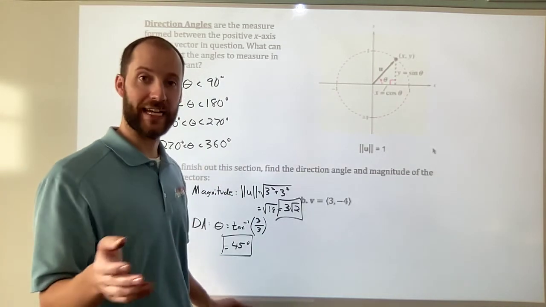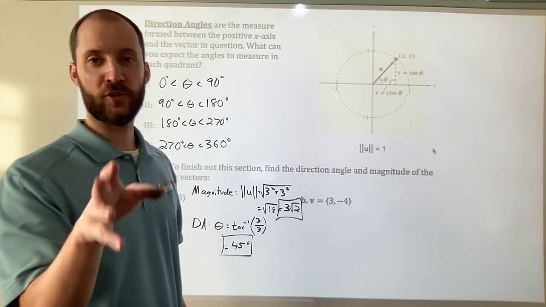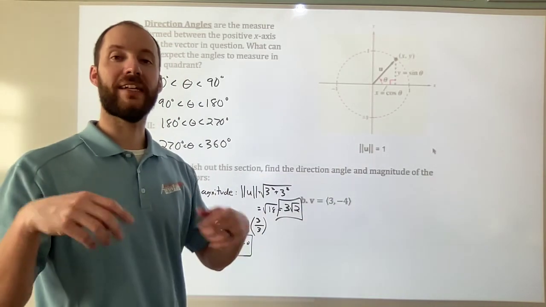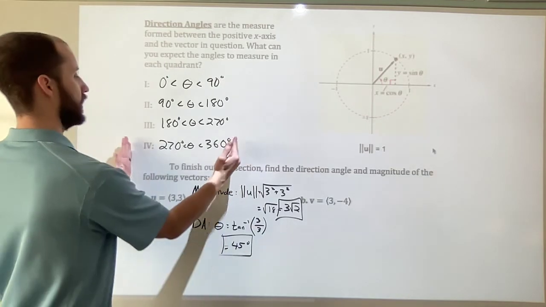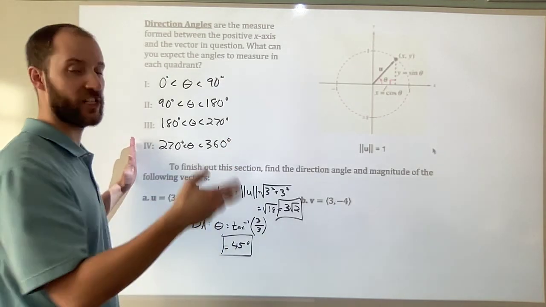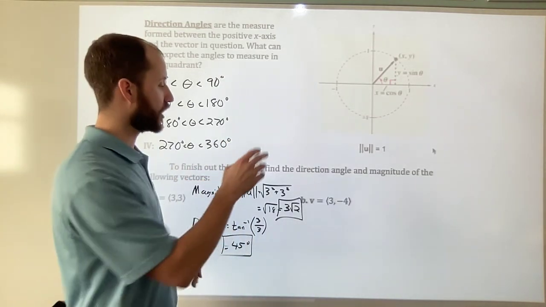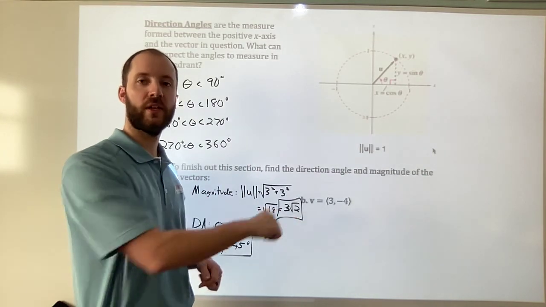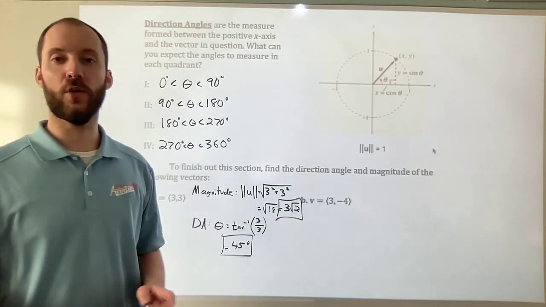So the answer you get, you'll have to make it fit into this range. You're going to have to adjust it. So take a look at the rest of the examples. Check my completed notes online.